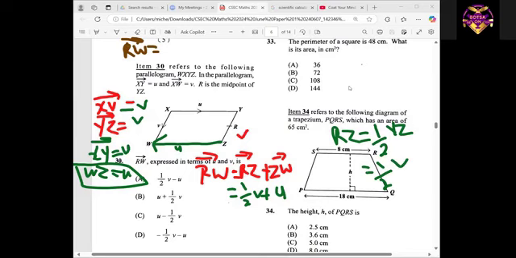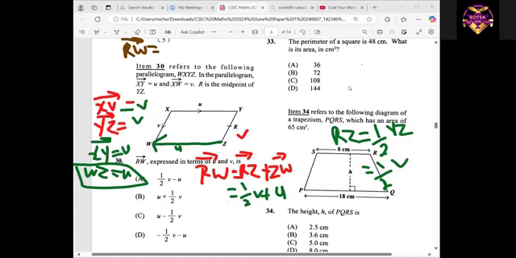ZW in fact starts from R and goes to W. So we went from R to Z, which I just got as a half V, and then adding to that ZW.